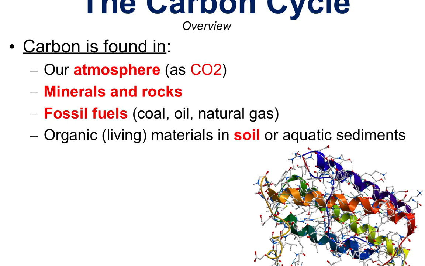It's also found in our atmosphere as carbon dioxide. And believe it or not, carbon is found in all minerals and rocks and fossil fuels too. Underneath the ground, carbon can be contained in oil, stored as a hydrocarbon, and natural gas. Organic living material in the soil and aquatic sediments also contain lots of carbon.